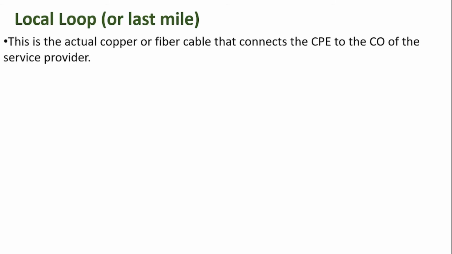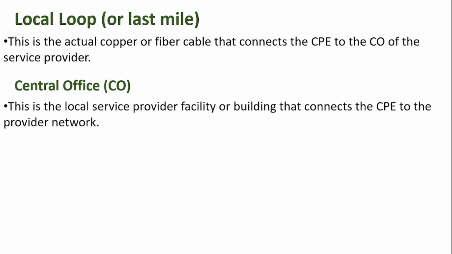This is the actual copper or fiber cable that connects the CPE, or the customer premises equipment, to the central office of the service provider. This is what I showed you a while ago, the big box outside our university. And the central office is the local service provider facility or building that connects the CPE to the provider network.